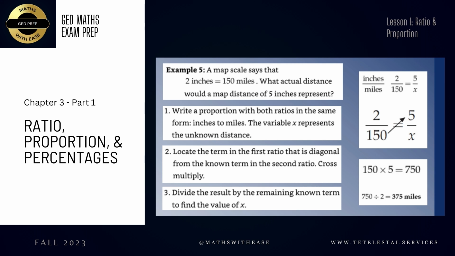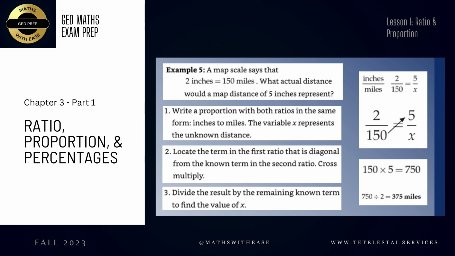On the left side, we're going to divide 750 by 2. 750 divided by 2 is 375. And so 375 equals x, right? And so now we have our quantity, and we also have our answer. On that map, 5 inches represents 375 miles.